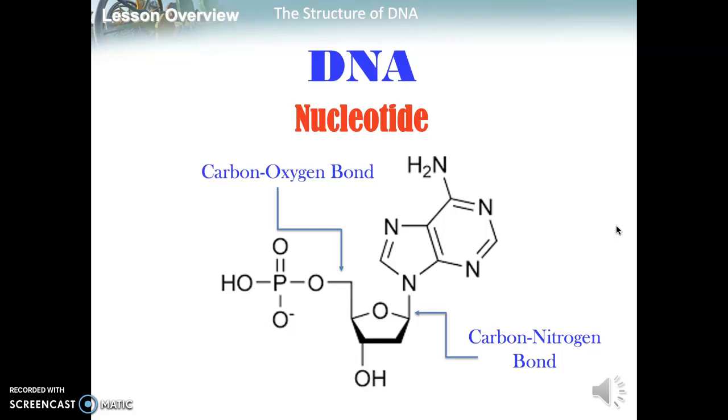This is the nitrogen from our nitrogenous base joining with the 3rd carbon of the deoxyribose molecule. So again, we have carbon-oxygen bonds holding on the phosphates, and carbon-nitrogen bonds holding on to the nitrogenous base, both of them attaching to different sides of the sugar.